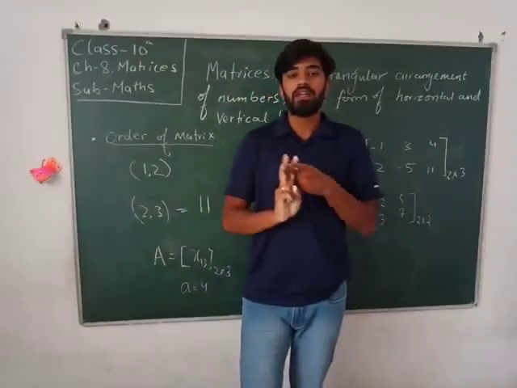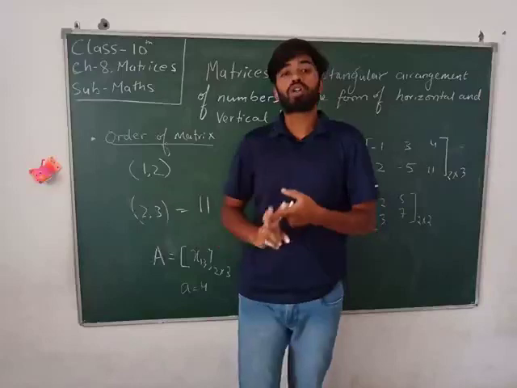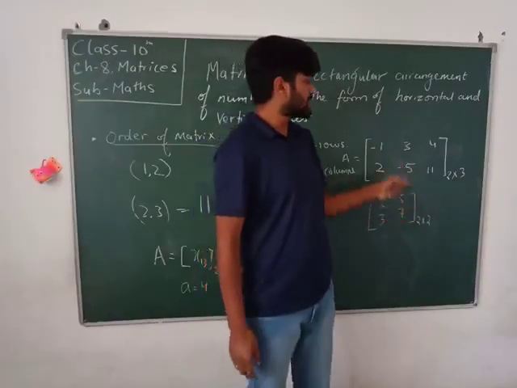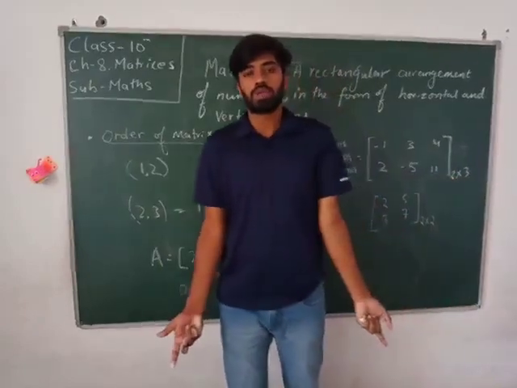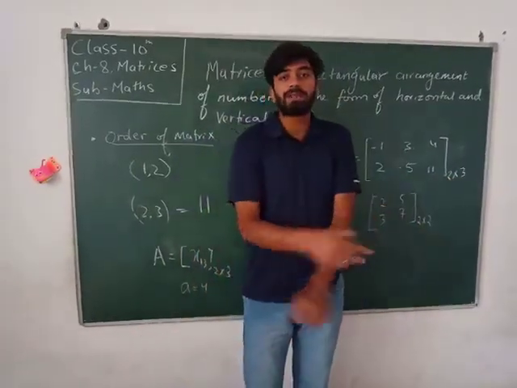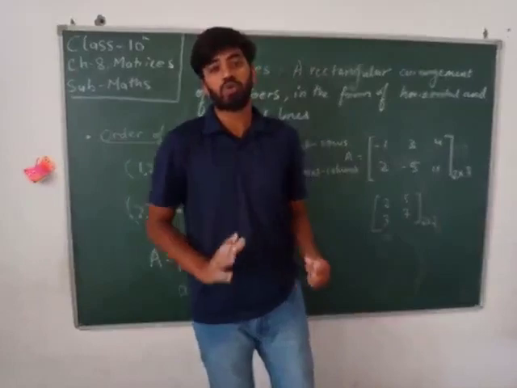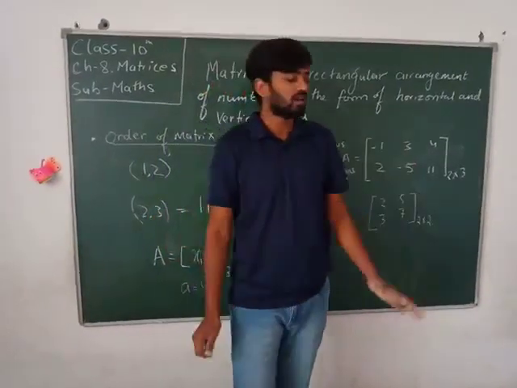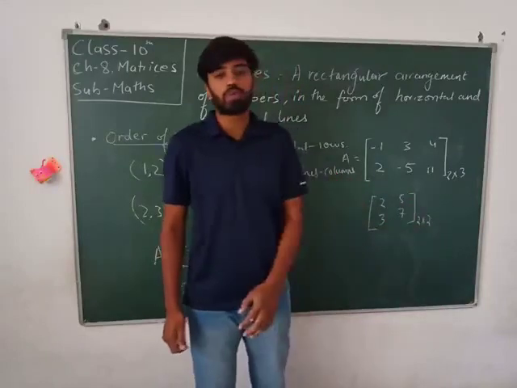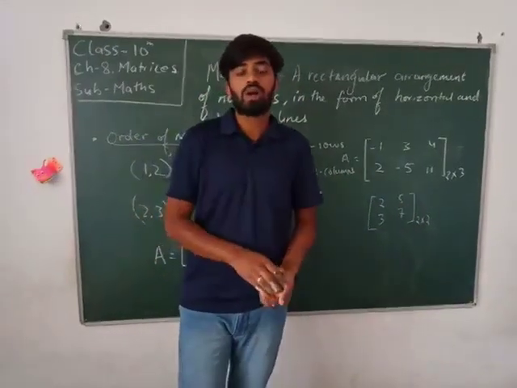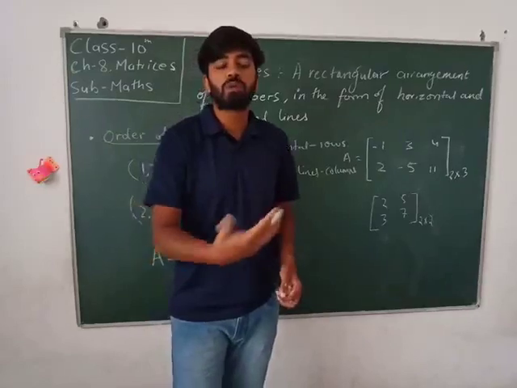Second, we understood how to find the order of a matrix. 2 rows, 3 columns, so the order is 2 into 3. You don't have to multiply and say 6. No, you just have to write 2 into 3. For this one also, 2 rows, 2 columns, so 2 into 2.